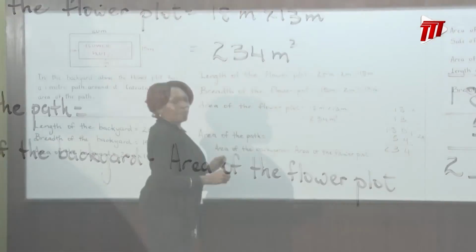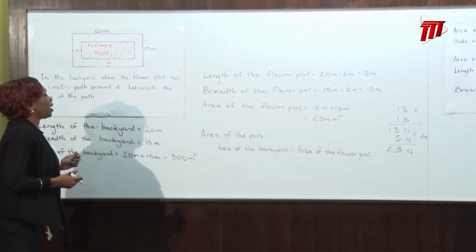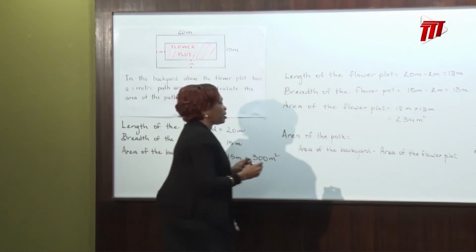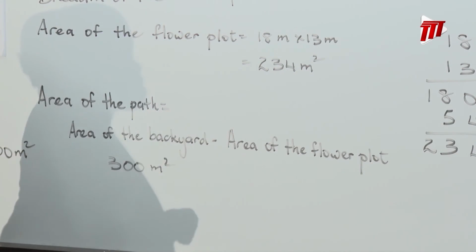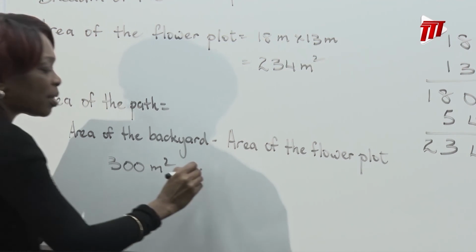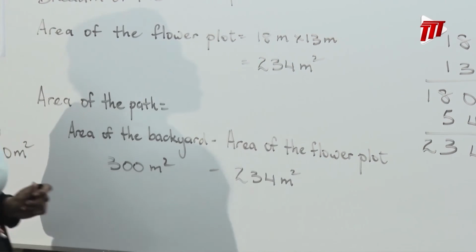So far, so good? Excellent. All we have to do is to put in the information now. What's the area of the backyard? 300 meters square. What is the area of the flower plot? 234 meters squared.